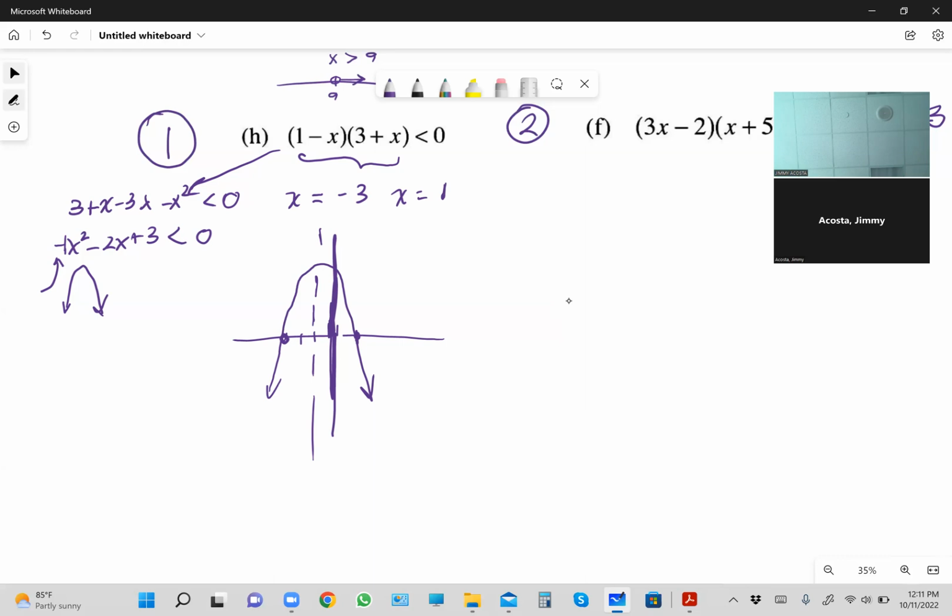What values of x does that parabola show negative values? For instance, between negative 3 and 1, do you realize that these values here are all positive? Are those greater than 0? I mean, less than 0? Are the values between negative 3 and positive 1 less than 0?